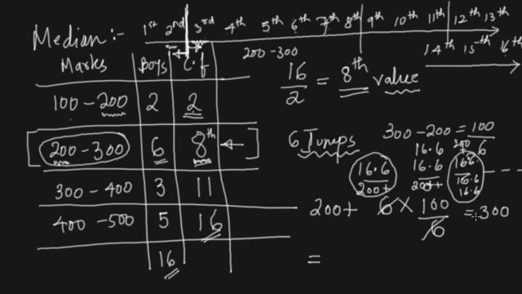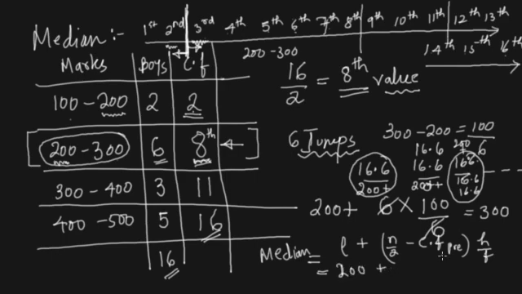And that's the reason why if you put that in the formula, median is equal to L plus (n by 2 minus cumulative frequency of the previous one) into H by F. Now when you put values here, you know the bare minimum marks he will get is 200 plus, I'm sorry if I've interchanged boys and girls, but the essence remains the same, it's a student.